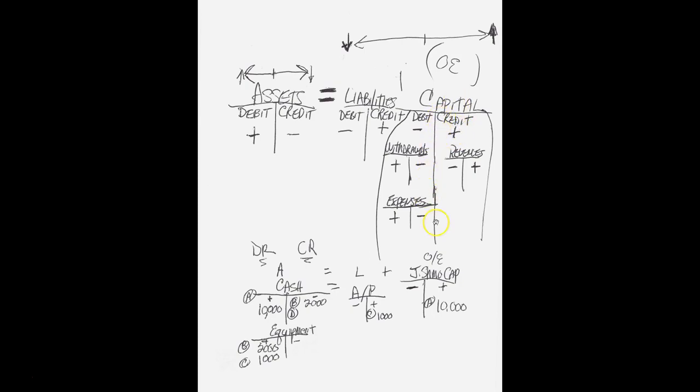But what we've done here is we've broken all the accounts down into two sides, the debit and credit side, so that instead of putting plus, plus, plus, minus, and so on, we have debits and credits to record those pluses and minuses.